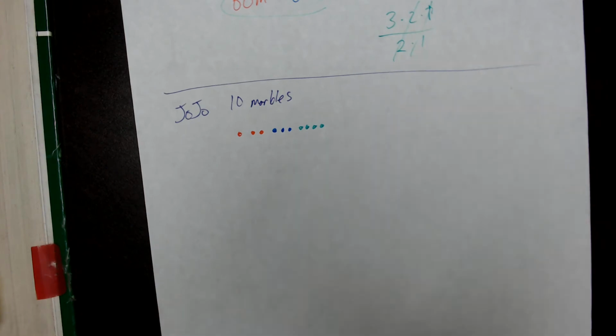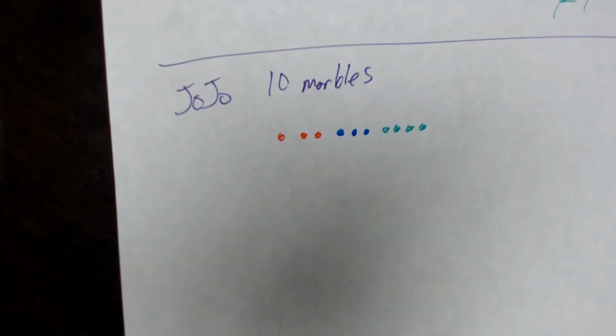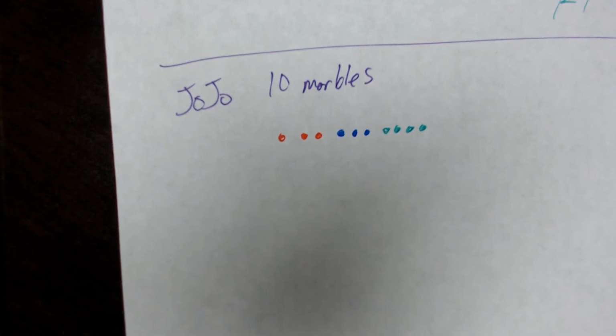So there's his 10 marbles. We'll zoom in here so we can see them. How many distinguishable permutations can he make out of these 10 marbles?